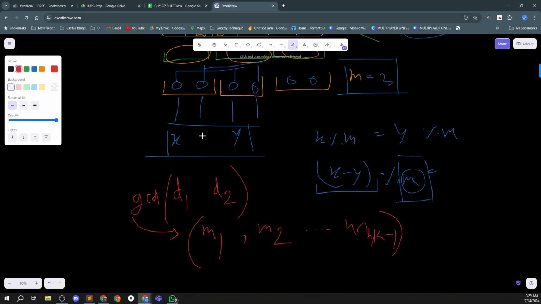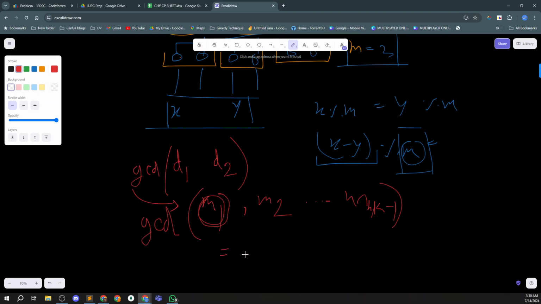these are the divisors of the differences, right? Now if I take the greatest common divisor of these m's, then I can find the actual m, and this m has to be not equal to 1, right?